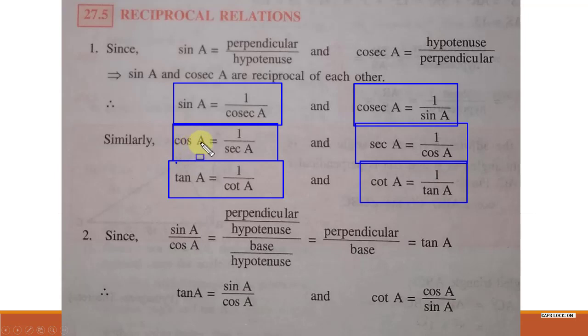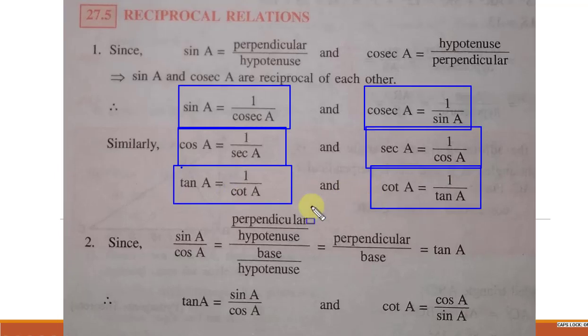Cos A equal to 1 by sec A and sec A equal to 1 by cos A. Just like that, tan A equal to perpendicular by base, whereas cot A is equal to base by perpendicular. So tan A and cot A are reciprocal of each other. Tan A equal to 1 by cot A and cot A equal to 1 by tan A. Clear, children? These are the reciprocal relations.